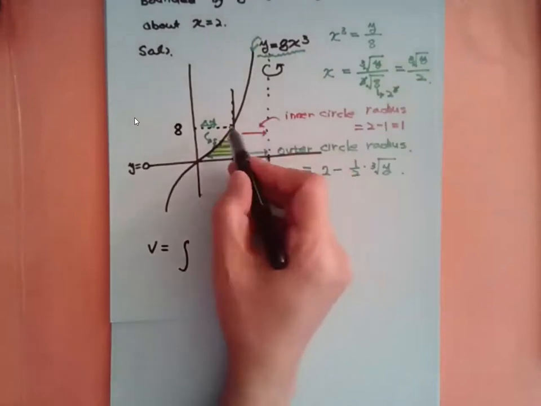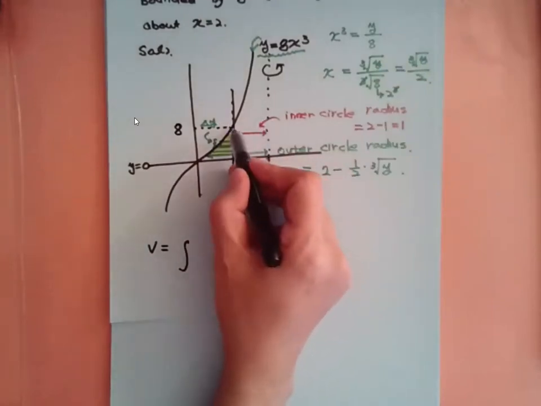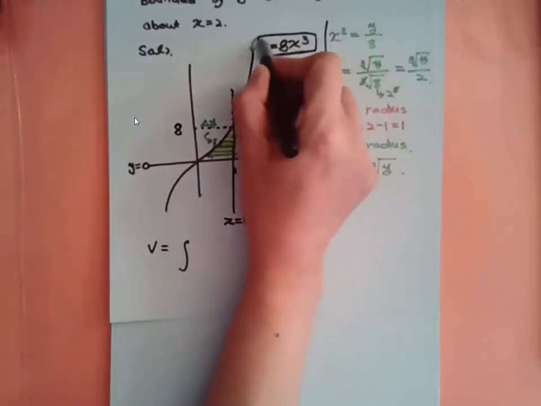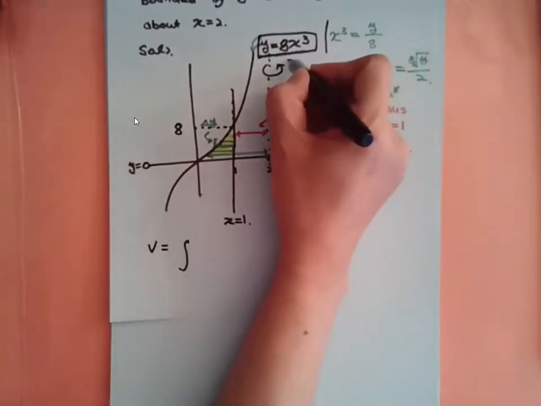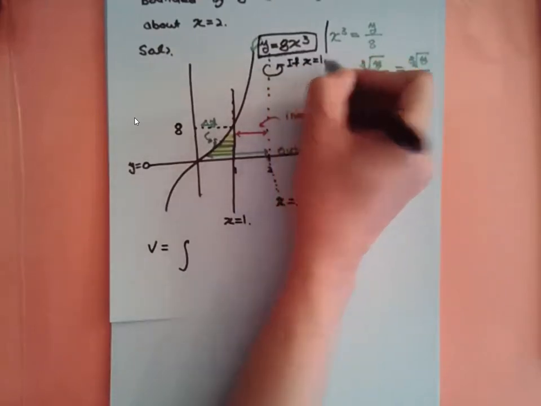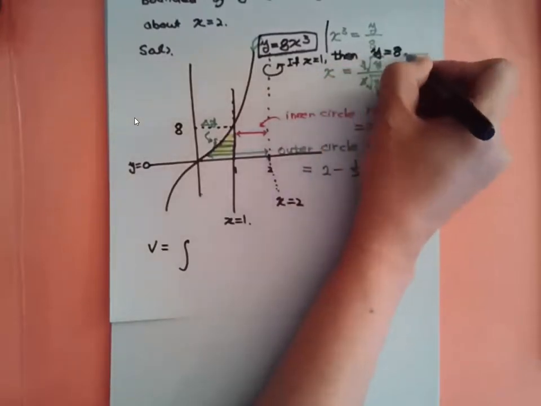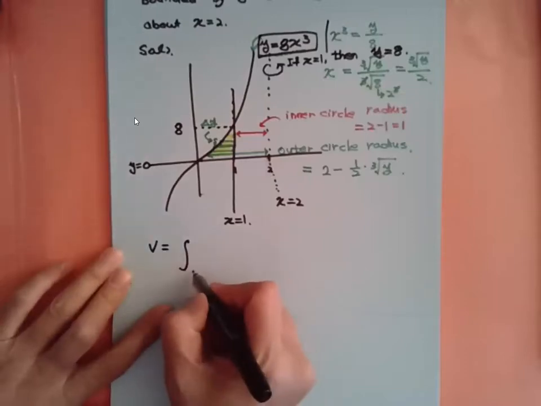Because at the intersection point, the x value must be 1. So when we look at this graph, when x equals 1, y equals 8. One cubed is 1, right? Any question about this? Okay, so it becomes 0 to 8.